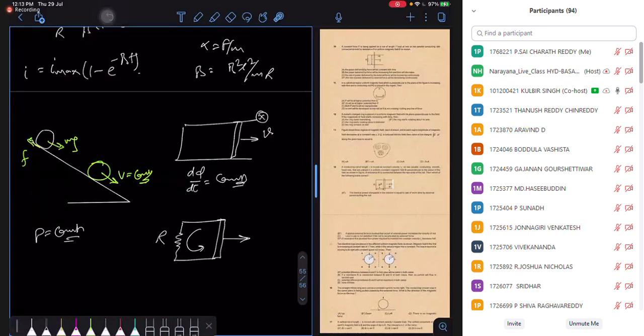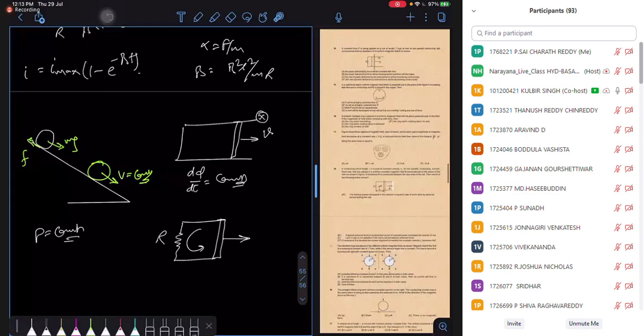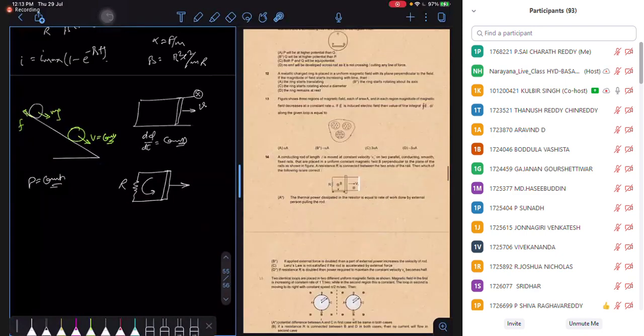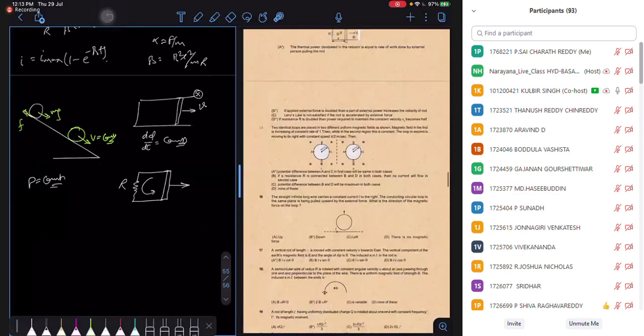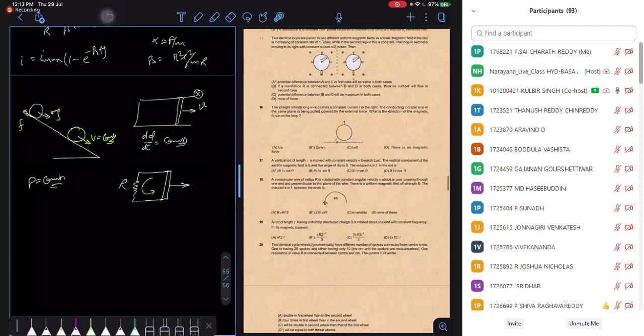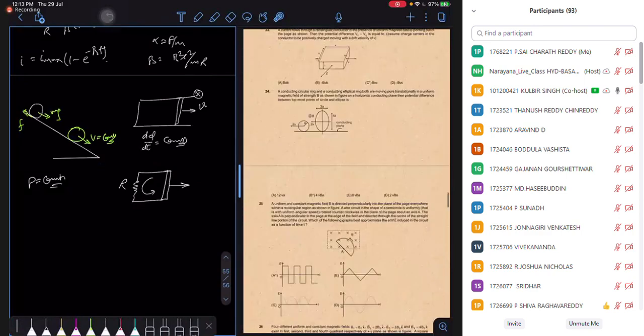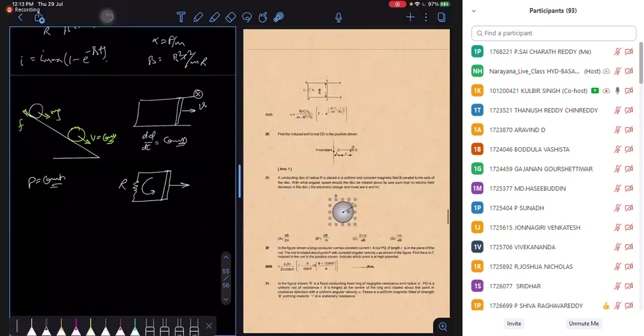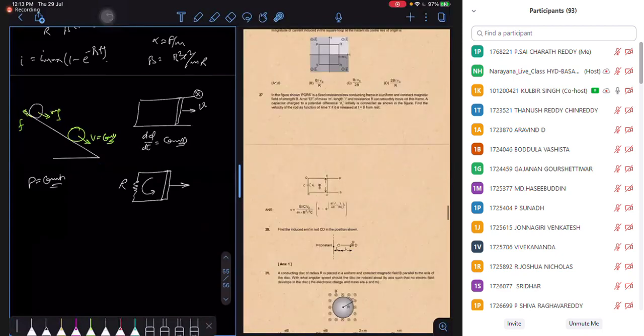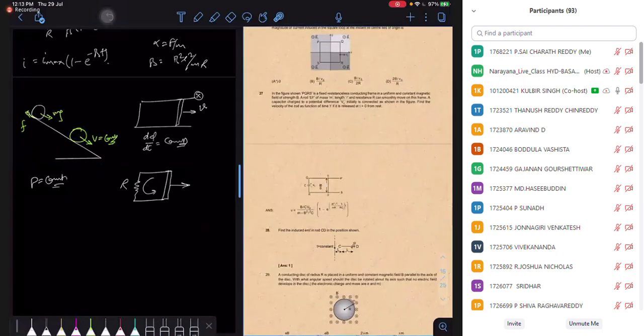So should we go to the next problem here? These are simple solved problems. Let me take care of slightly harder problems. You can take problem number 27.